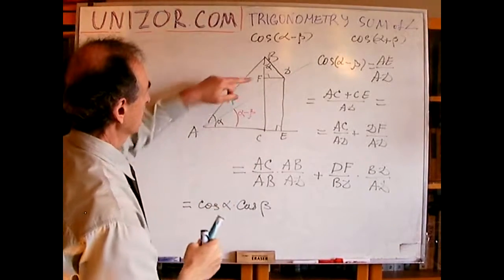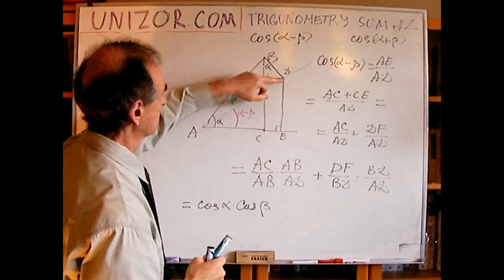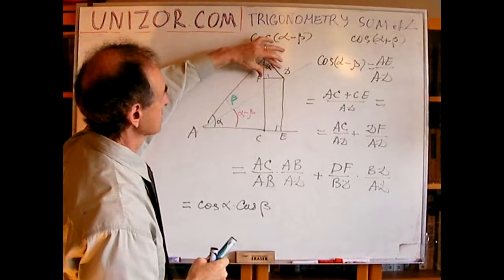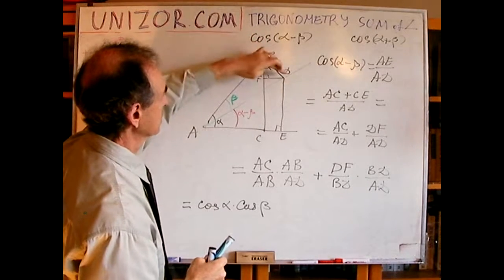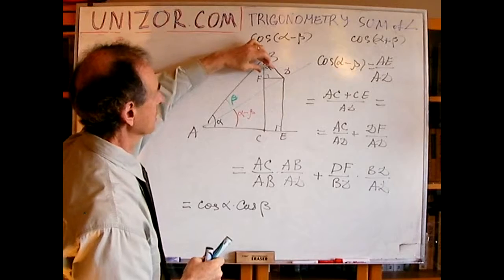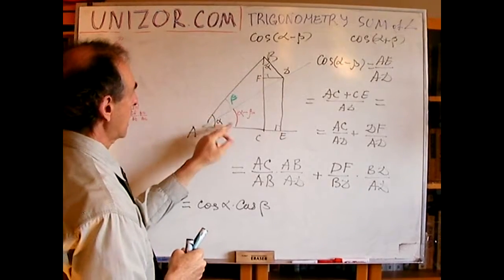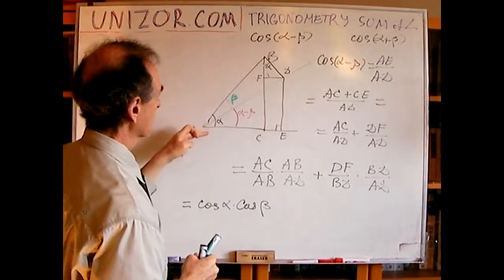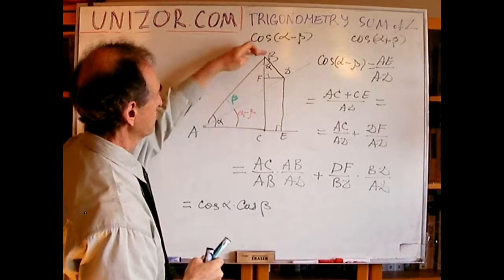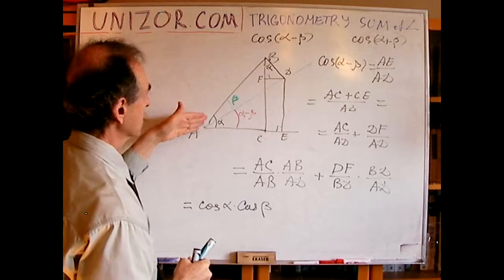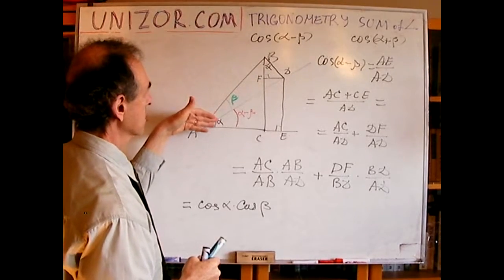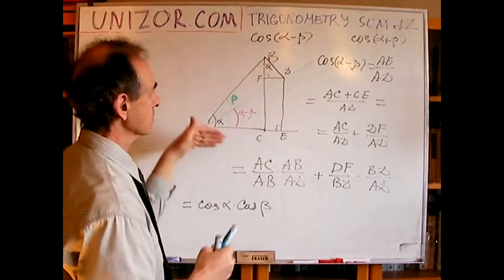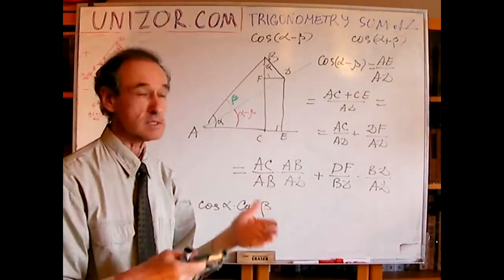So angle FBD has sides BF and BD correspondingly perpendicular to sides of the angle alpha. Again, BF perpendicular to AC, BD is perpendicular to AB. So both are acute angles, and as two angles with correspondingly perpendicular sides, they are equal.